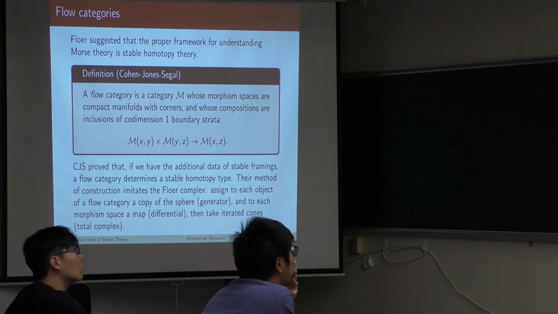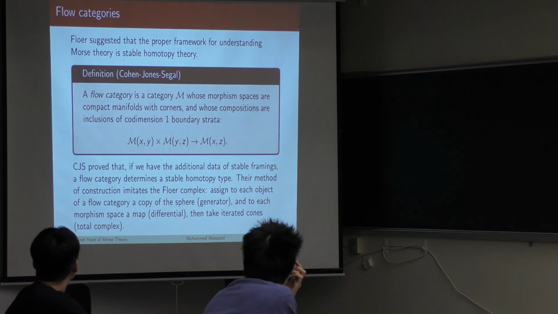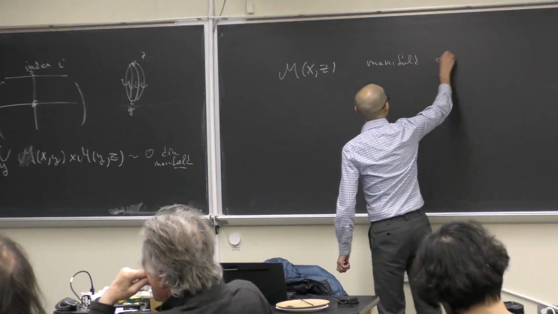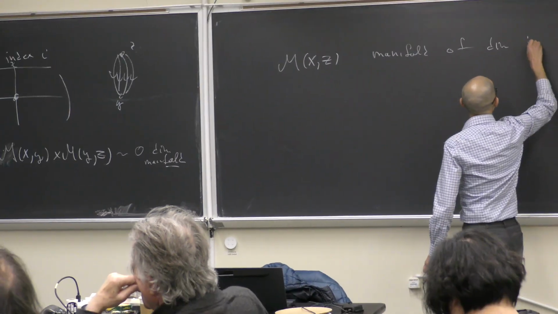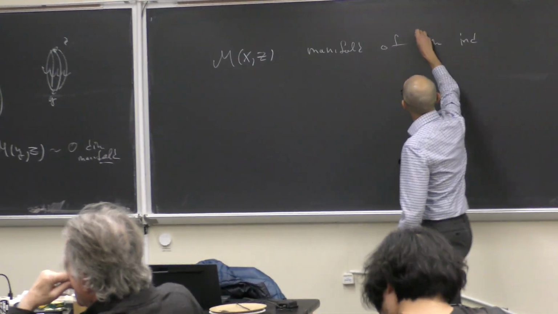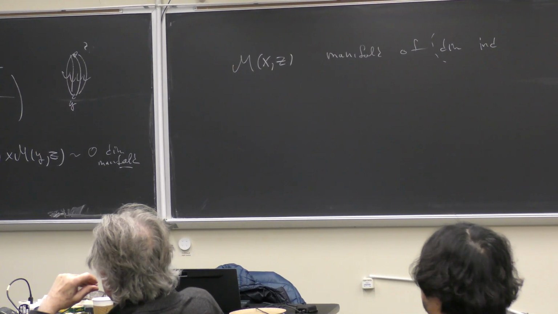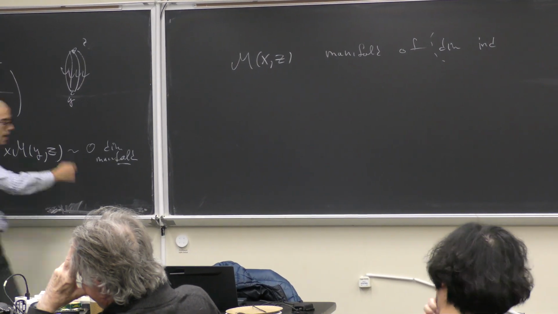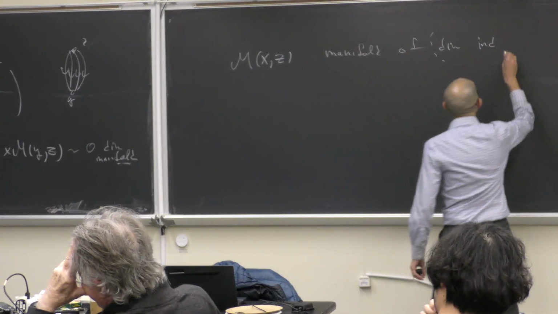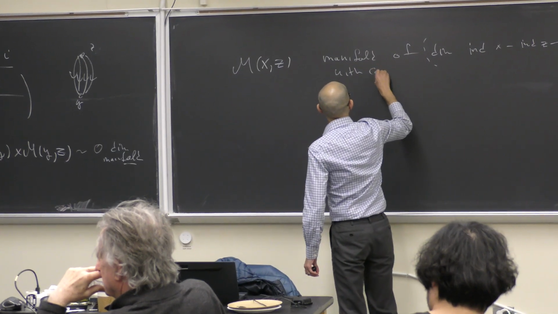The statement is that M of X and Z is a manifold of dimension index. But I don't want to say this, so this part of the index is not part of the abstract definition. But in practice it's the index of X minus the index of Z minus 1, and it's with corners.